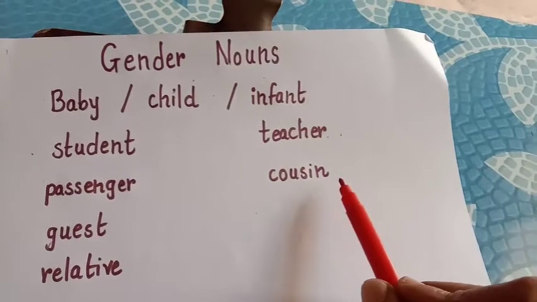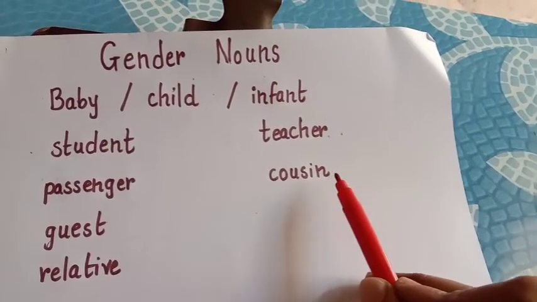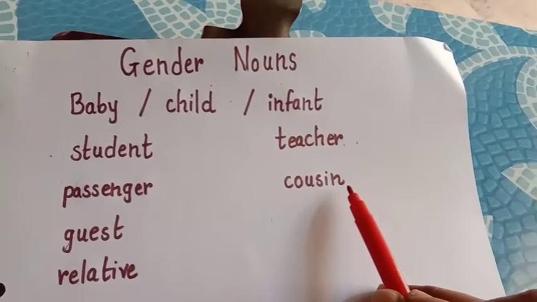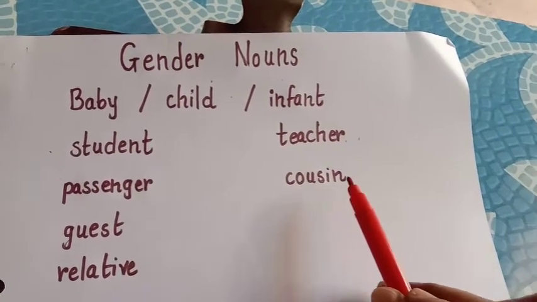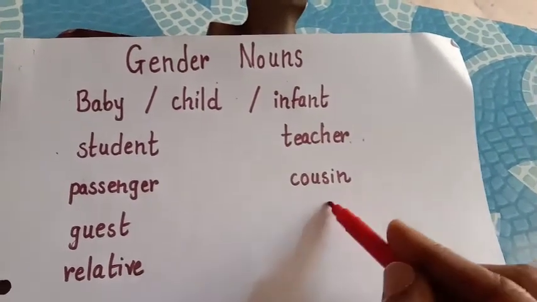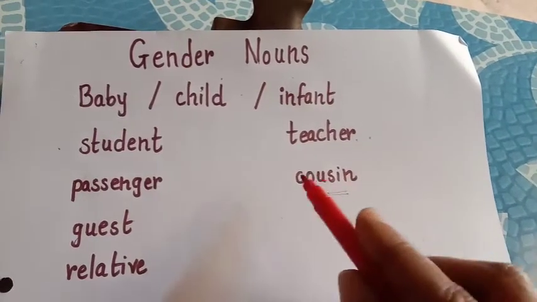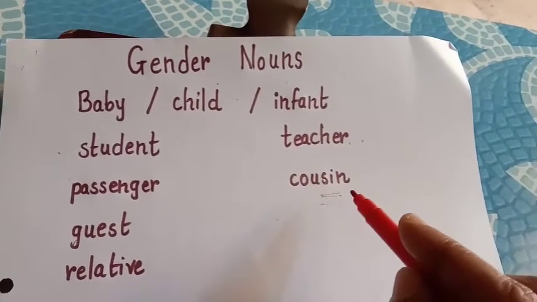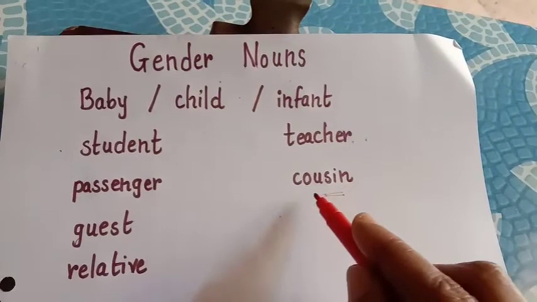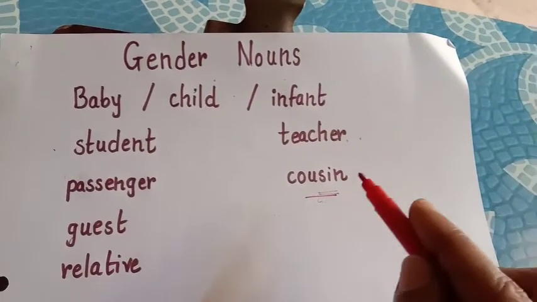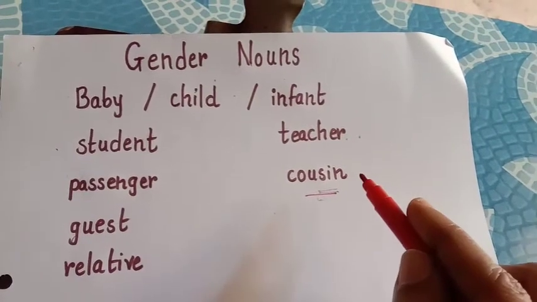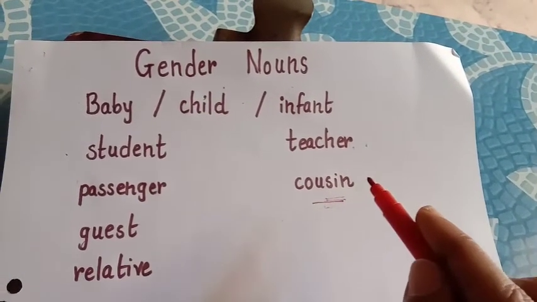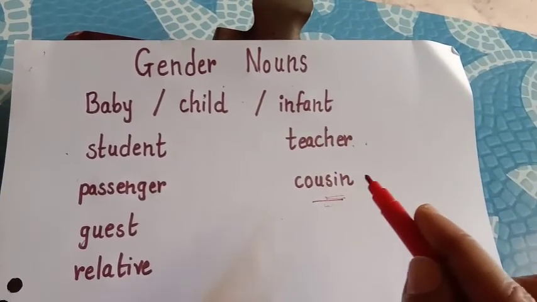Unless and until you don't specify whom you're referring to, whether she is a girl or a boy, all your cousins are known by the general term cousin. No male, no female. It is a general term you use for both your cousins, male cousin as well as a female cousin. A cousin is the child of your uncle or your aunt.